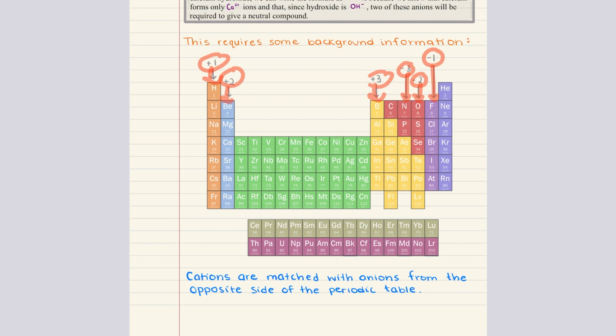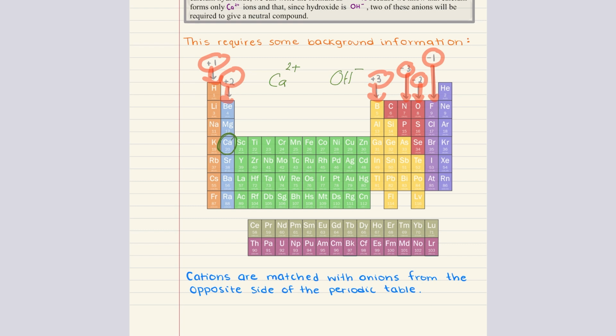For example, let's consider calcium hydroxide. From the periodic table, we know that calcium always forms a 2+ cation, and we should have memorized that the hydroxide ion has a -1 charge.